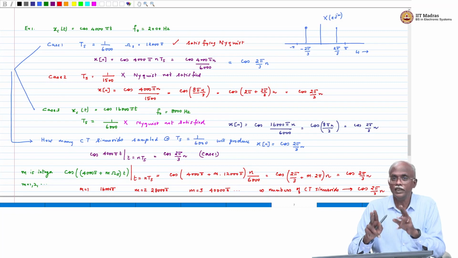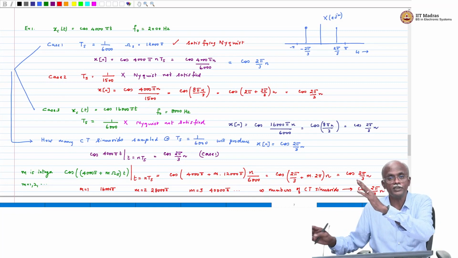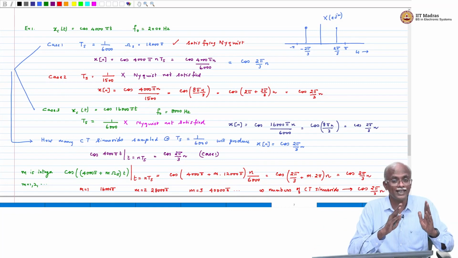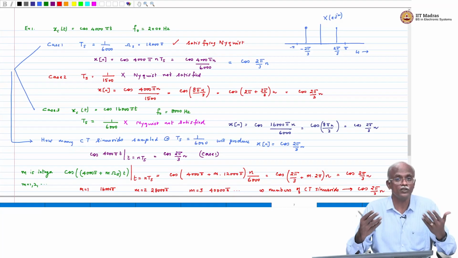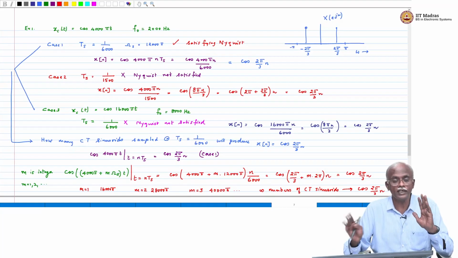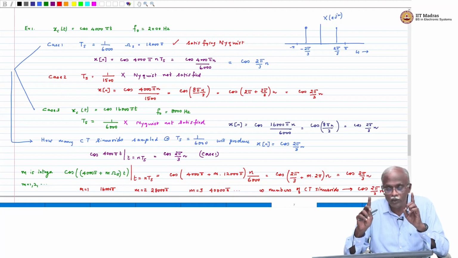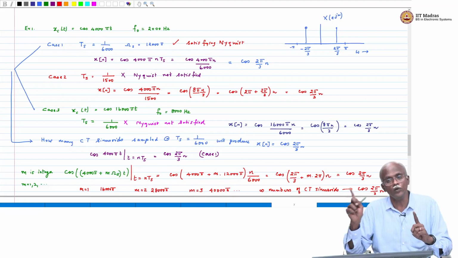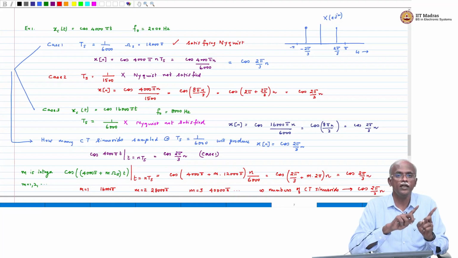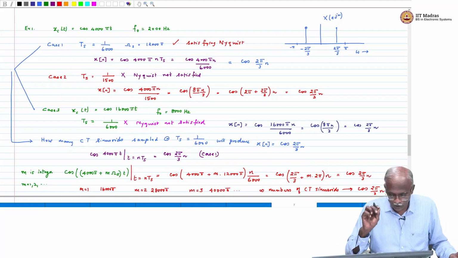Second point to remember, there could be more than one continuous time signal which corresponds to the same discrete time signal in the presence of aliasing. Again, so as not to get confused, only when you satisfy the Nyquist criterion will you get back the original continuous time signal. So think about it.